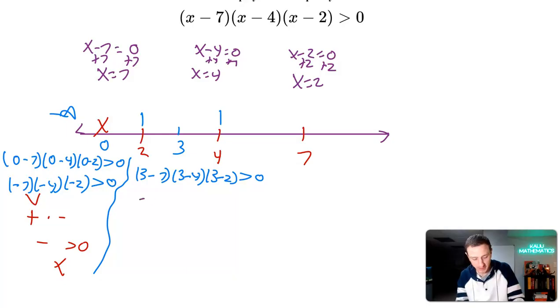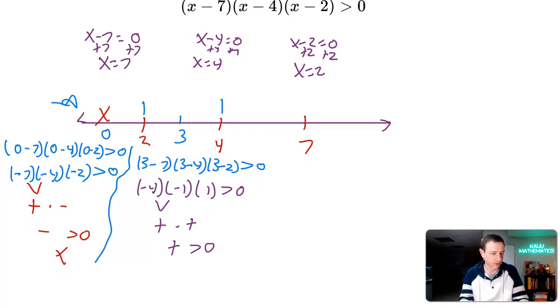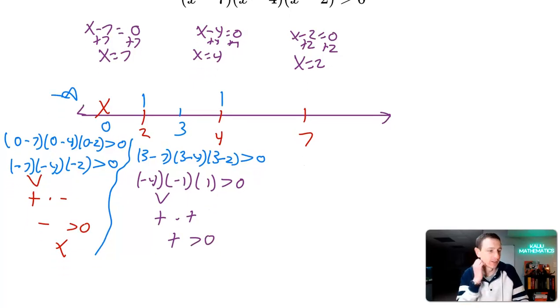So 3 minus 7 is negative 4. 3 minus 4 is negative 1. 3 minus 2 is positive 1. A negative and a negative make a positive. Positive times a positive is going to be a positive. A positive is greater than 0. Since a positive is greater than 0, then we would say yes, this is going to be a solution. So we have values in this region that are going to make this a true statement. So that's going to be part of our solution region.